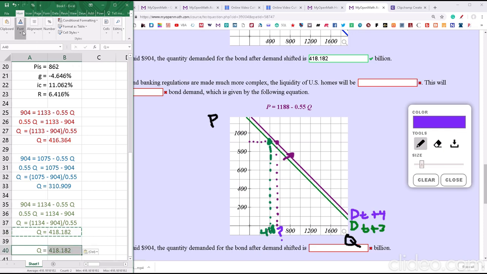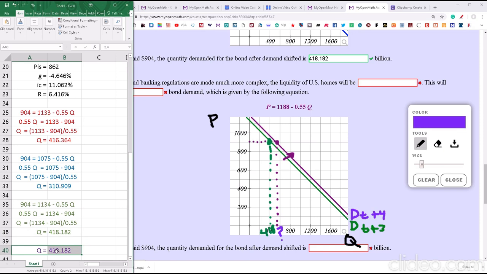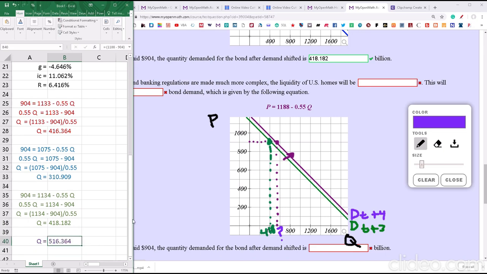Then I'll make that purple. Okay, so 904 is the price we're holding constant. 0.55 is the slope. And then all we have to do is change the intercept, which is on the purple line, 1188. So the new quantity is 516.